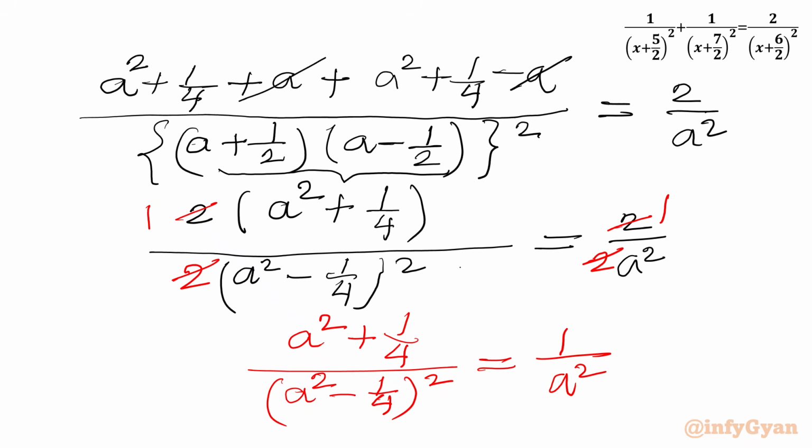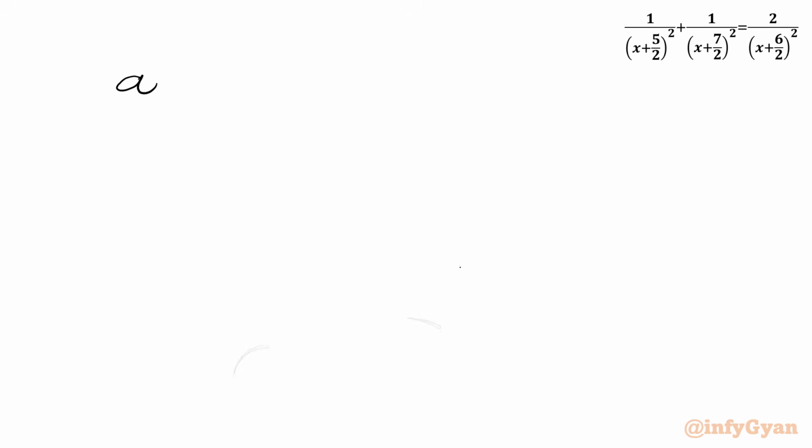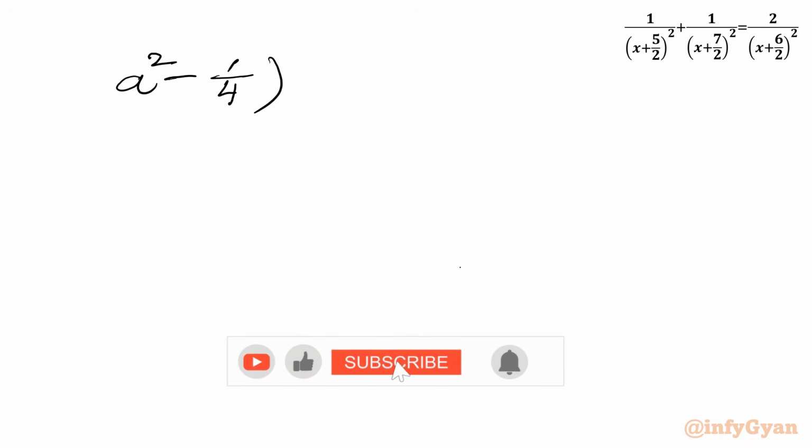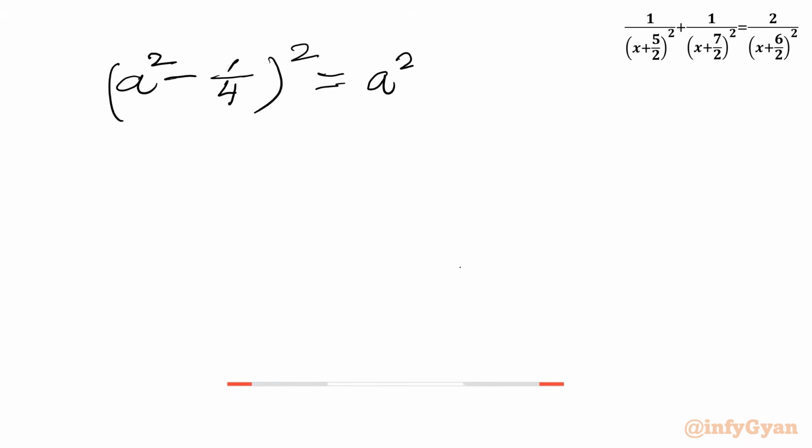Now we have to cross multiply. So we will get a square minus 1 over 4 whole square equal to a square times a square plus 1 over 4.